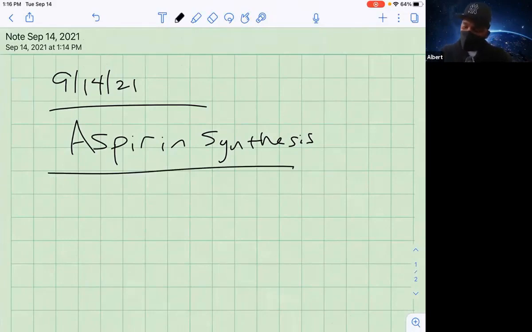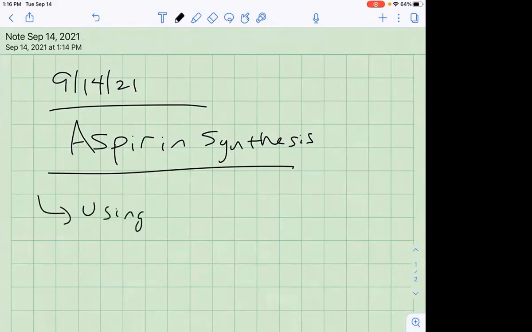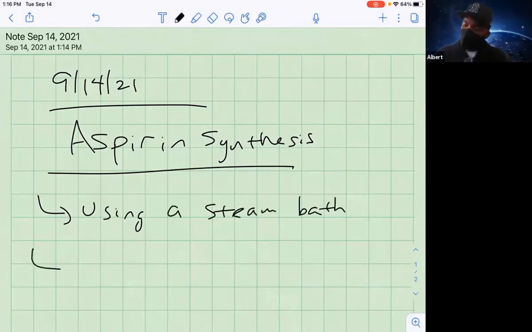Yes. So we're doing aspirin synthesis, and it's a very simple experiment. A couple of techniques are involved. We're going to learn about using a steam valve. We're going to learn about vacuum filtration.